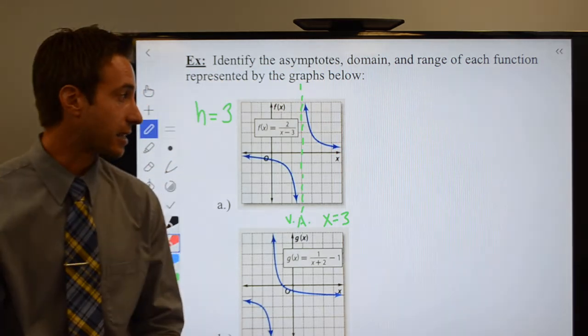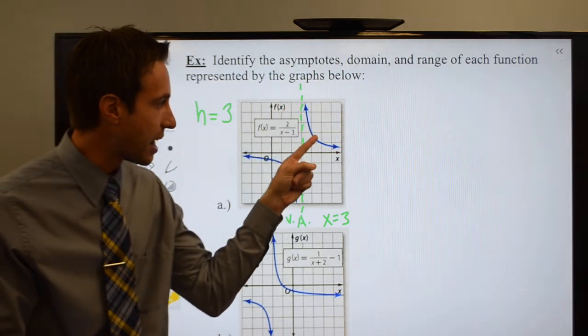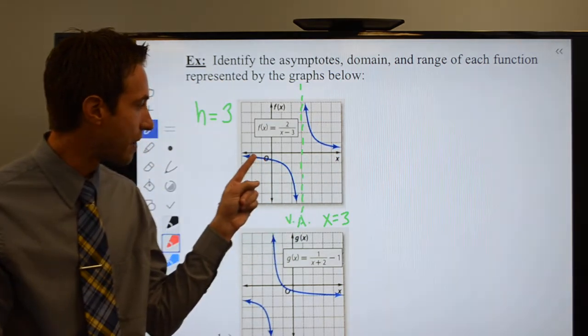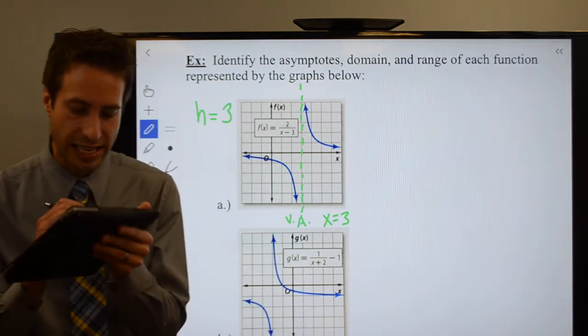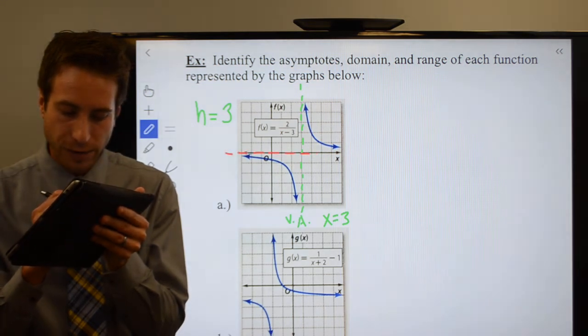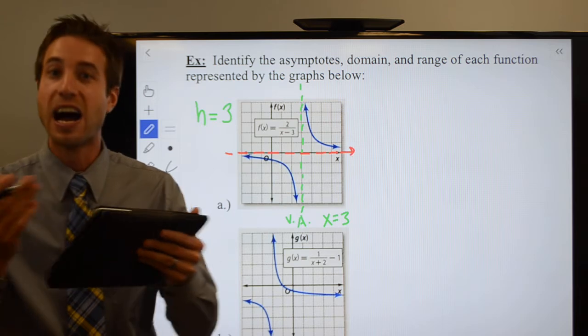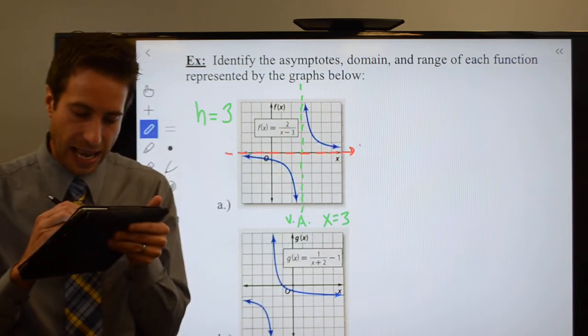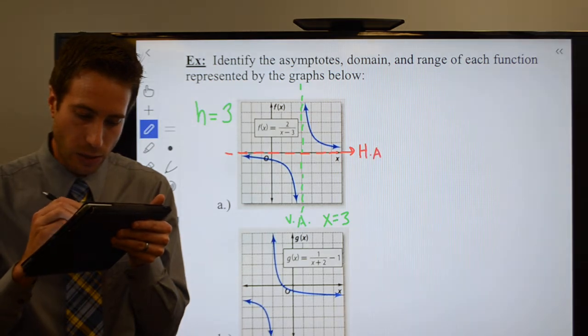The horizontal asymptote. Check this out. This guy kind of levels off right here at the x-axis. This guy coming over here levels off right there at the x-axis. It looks like if I were to draw a horizontal asymptote on my graph, hopefully it looks the same on your graph, I would have a horizontal asymptote right there on the x-axis. Horizontal asymptote occurs at y equals 0.